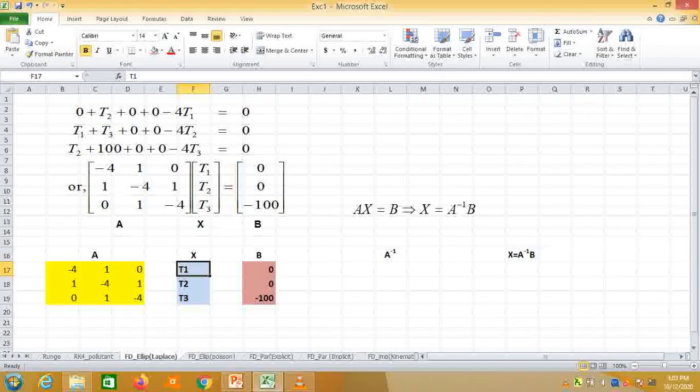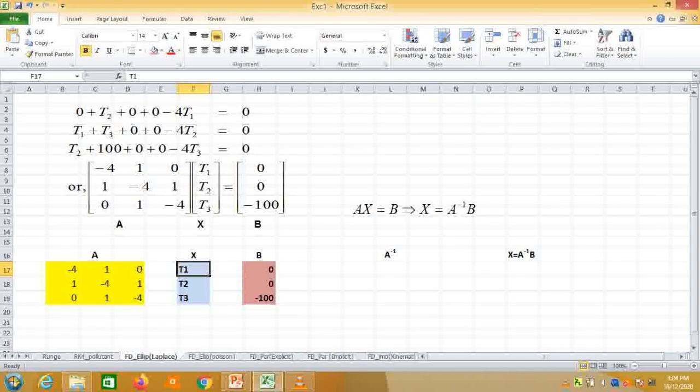So A and X could be multiplied, as matrix A is 3 by 3, with 3 rows and 3 columns, whereas matrix X is 3 by 1, 3 rows and 1 column. So 3 by 3 times 3 by 1 is 3 by 1, so B shall be 3 by 1.